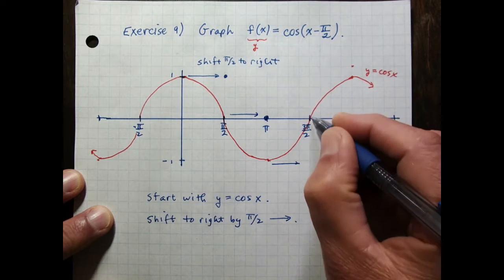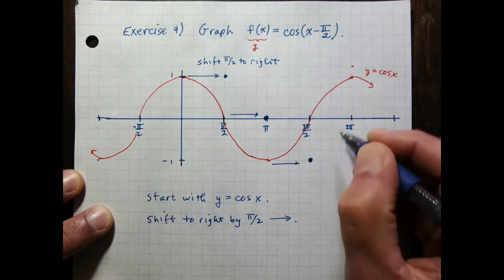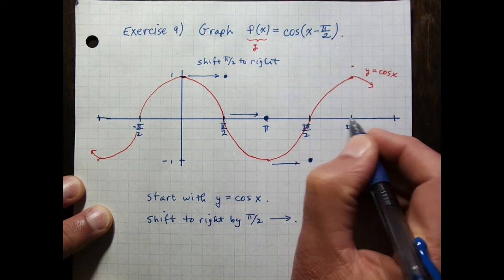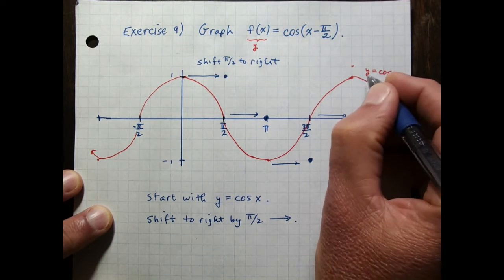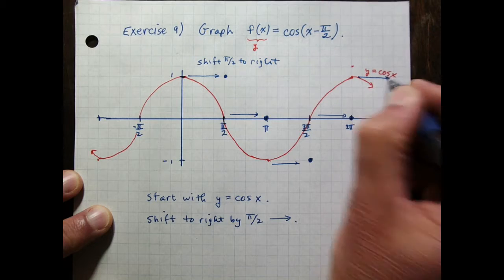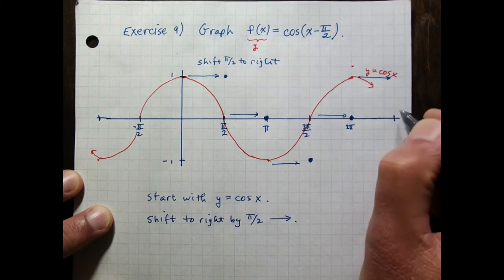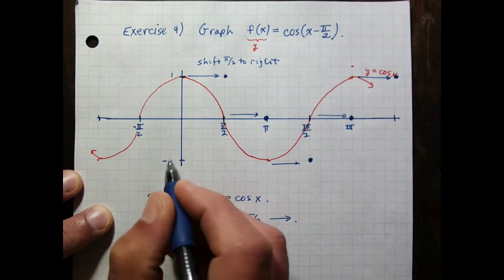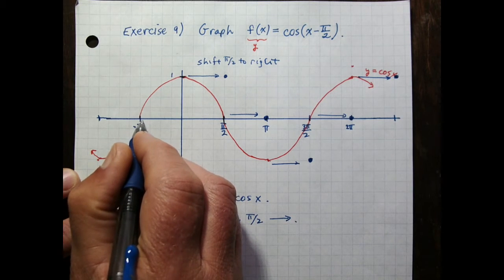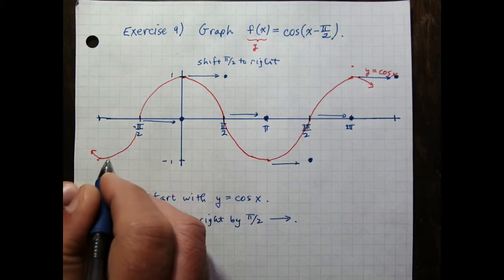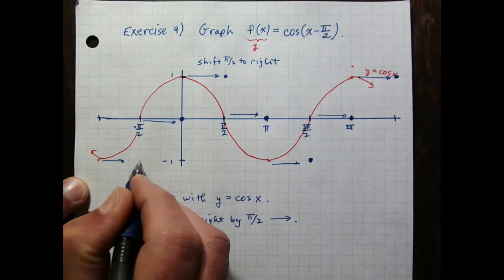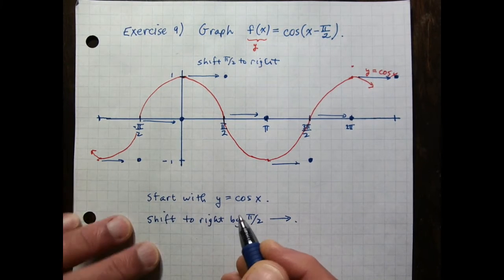This point will shift over to here. 3 pi over 2, we're going to shift over to 2 pi. And so on and so forth down the line. I guess I go right off my grid. Well, I can squeeze that one on. And also at negative pi over 2, that point is going to shift over to the origin 0, 0. This point will shift to here.